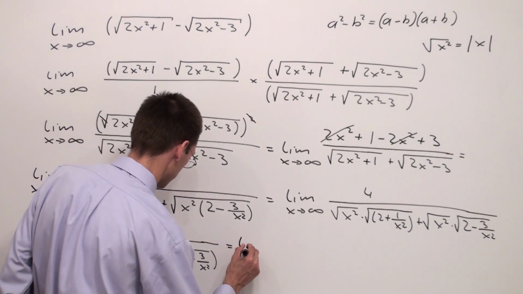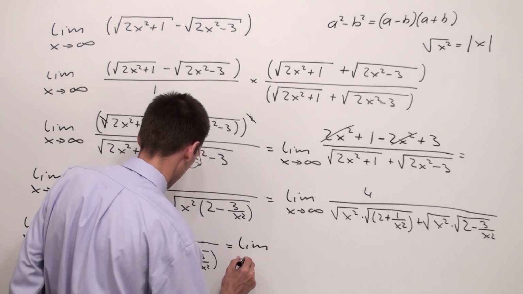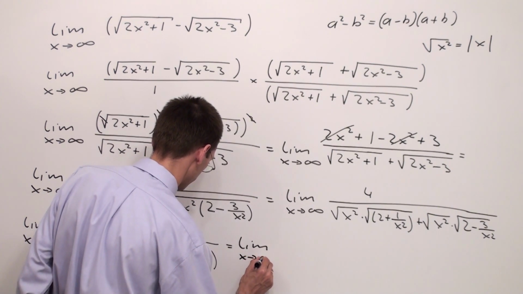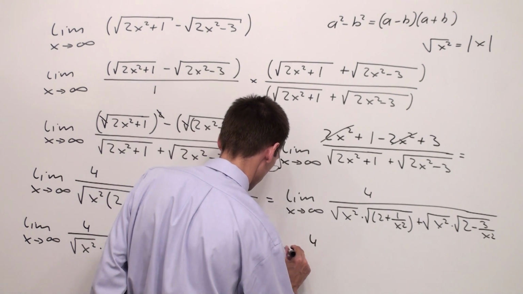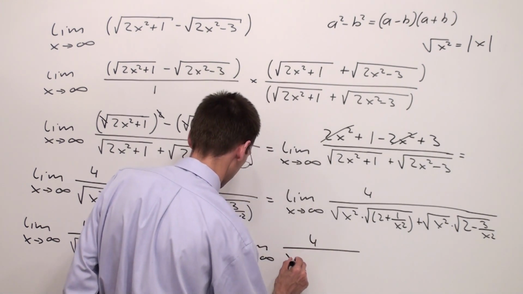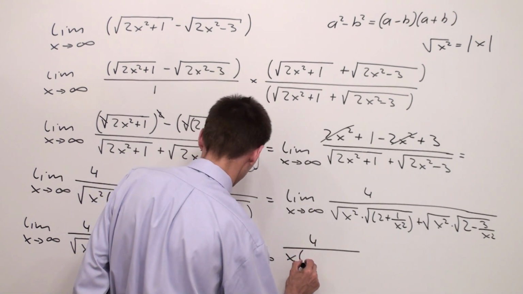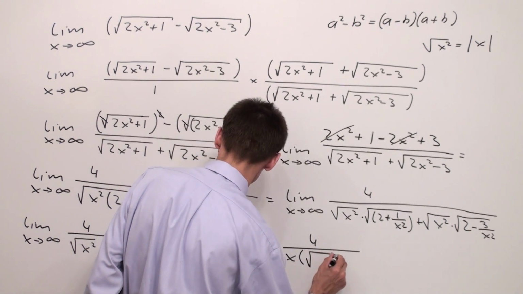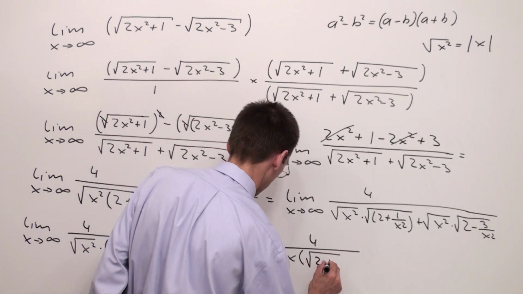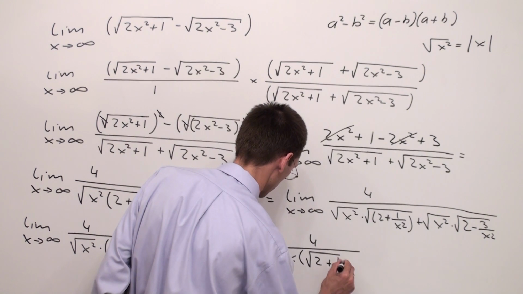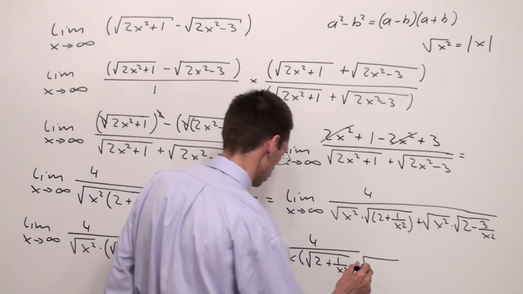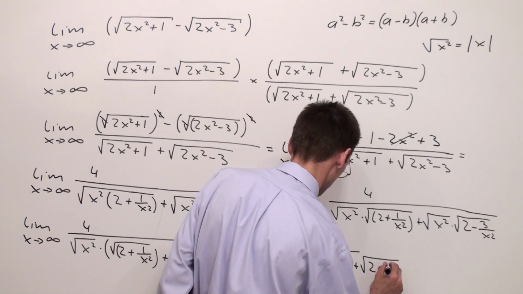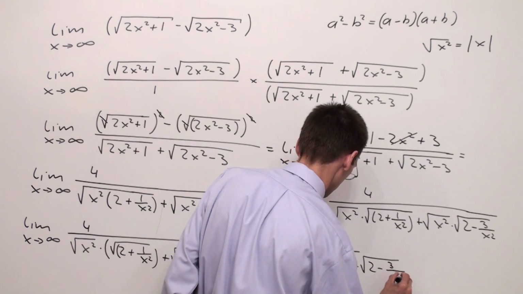I'll have the limit with x going to infinity of 4 over x, and I have square root of 2 plus 1 over x squared plus square root of 2 minus 3 over x squared.